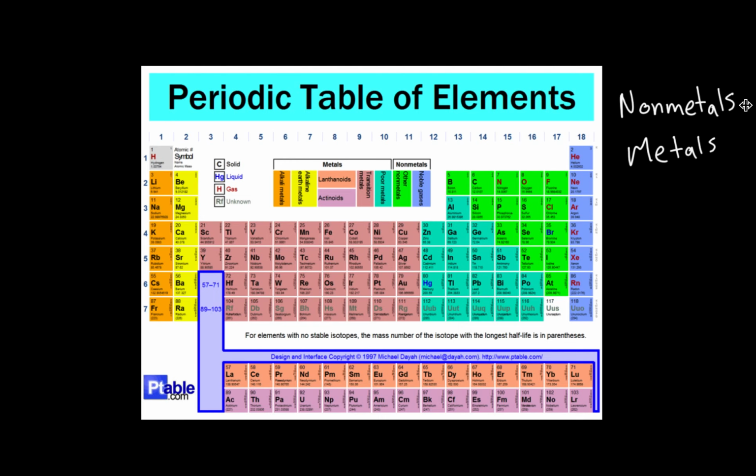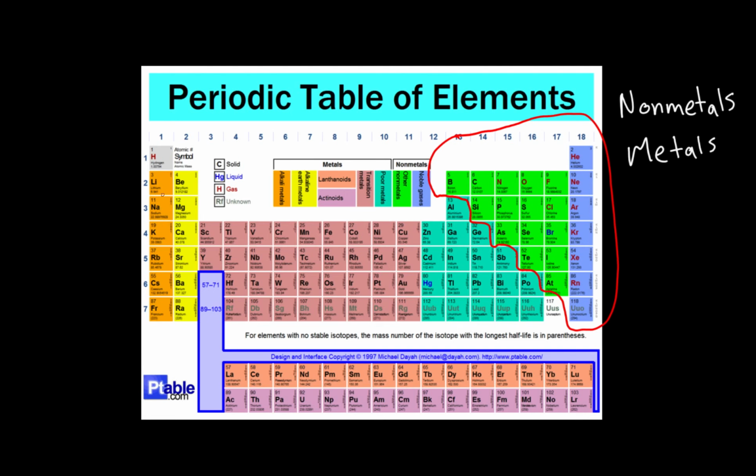The nonmetals are going to be everything right around here. So the nonmetals are going to be all right here. And then the metals are going to be the rest of the periodic table.